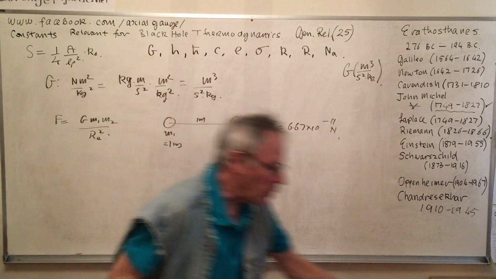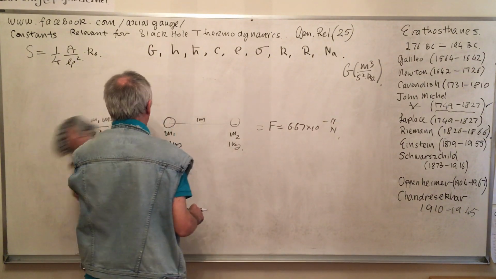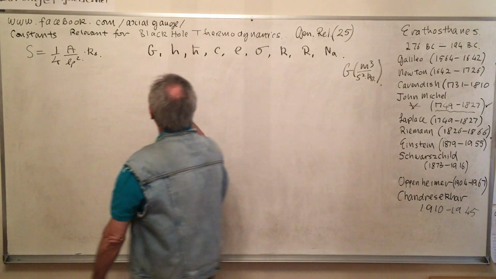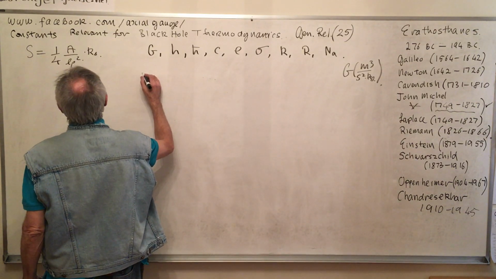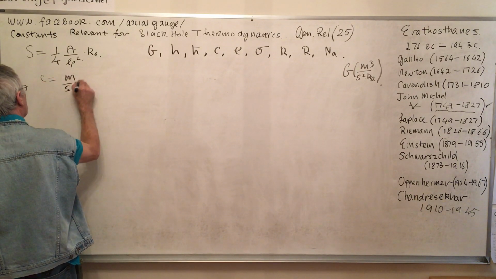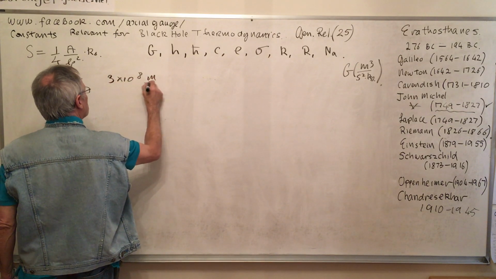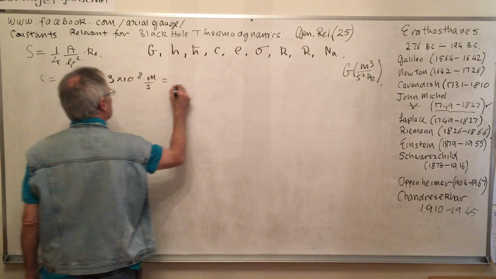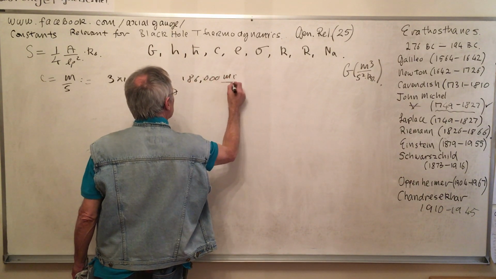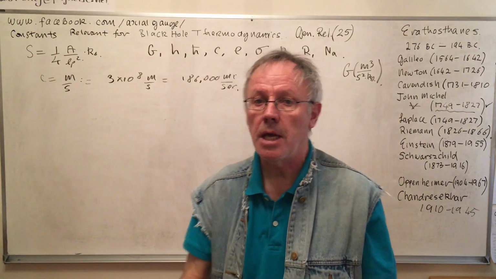So the next unit we will look at will be c, and just get it out of the way. Speed of light, measured first, well, measured by Huygens anyway.